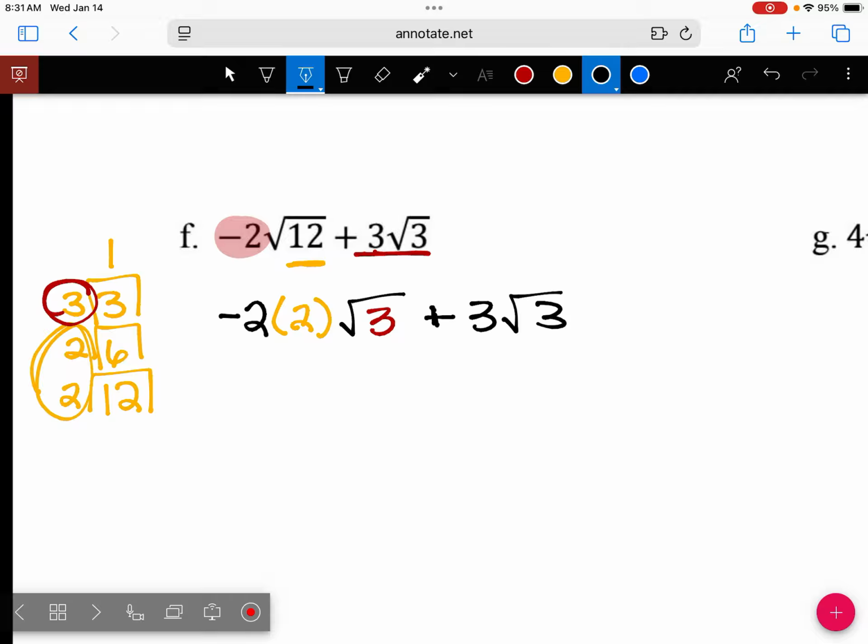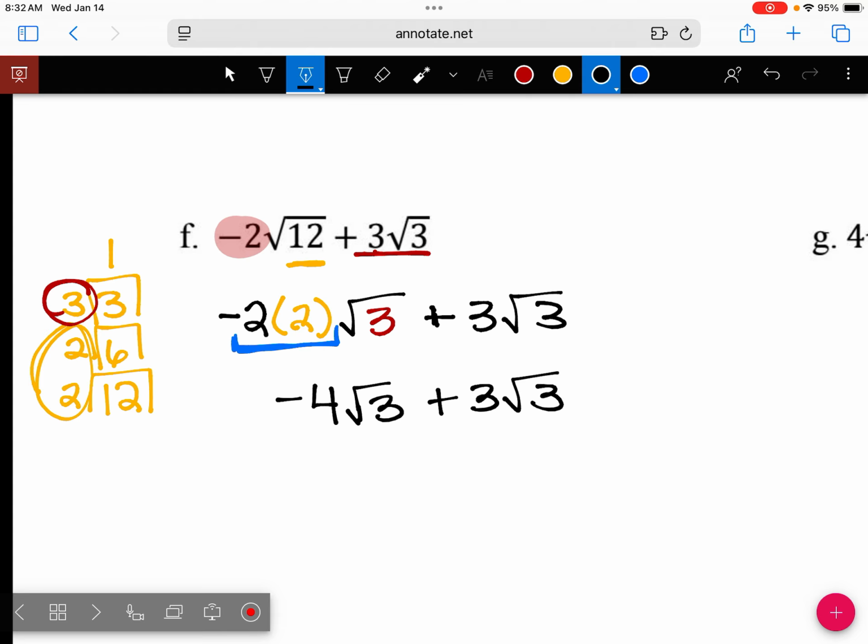Anytime you have more than one number in the front, you're multiplying these together to get the new number. So when you take negative 2 times 2, you get negative 4 square root of 3. And then this one doesn't change.